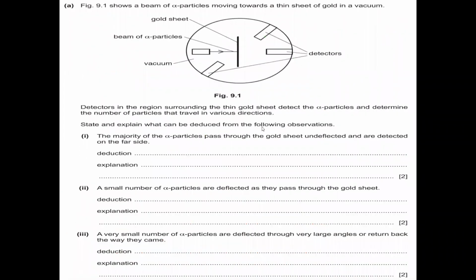The next question, figure 9.1 shows beam of alpha particle moving towards a thin sheet of gold in a vacuum. The detector in the region surrounding the thin gold foil recorded some of them passing through, few of them deviated, and few of them bounce back.